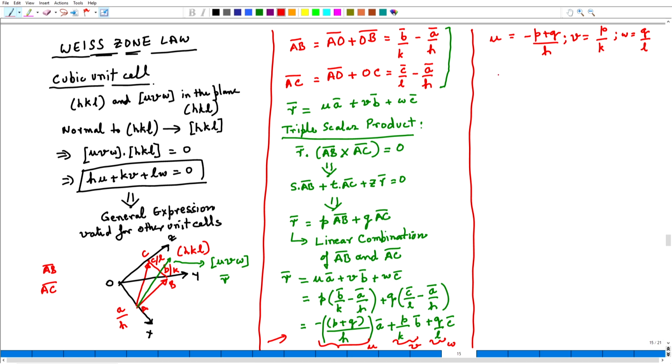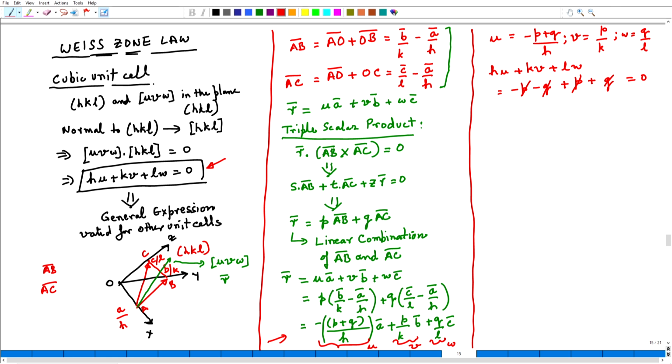Now, let's look at this expression here, and let us see what we get. HU plus KV plus LW, and in this expression I substitute for UVW, and I am going to get minus P minus Q plus P plus Q, and you can clearly see that everything gets cancelled and this becomes 0.